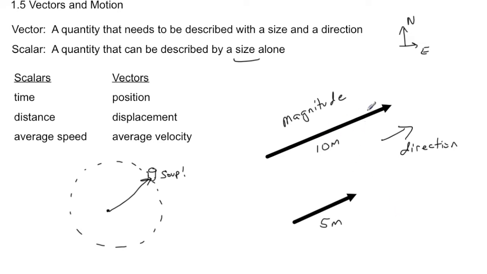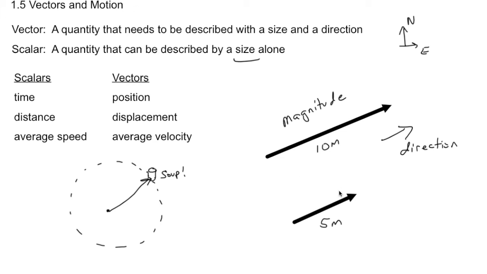And again, if this represented a displacement, it could be a displacement of 10 meters. This could be a displacement of 5 meters. This could be showing an average velocity of 10 meters per second. If I wanted to show an average velocity of 5 meters per second in the same direction, I could just make an arrow that's half as long, but pointing in the same direction.